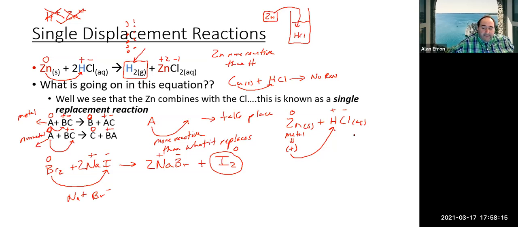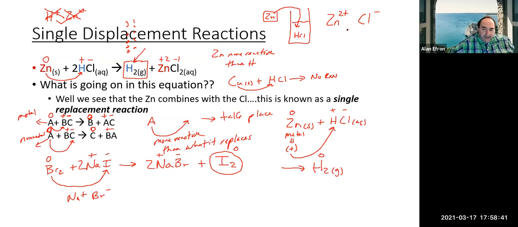And what ends up happening is the hydrogen ends up all by itself in this natural, uncombined situation. It's at that point that the zinc will gain its normal charge of +2. And that will allow it to come together with chloride that has a -1 charge from here.